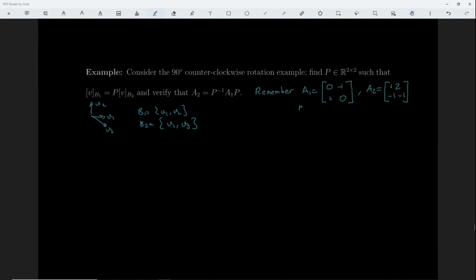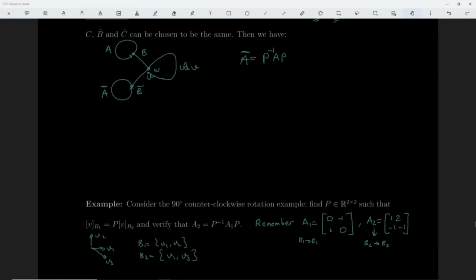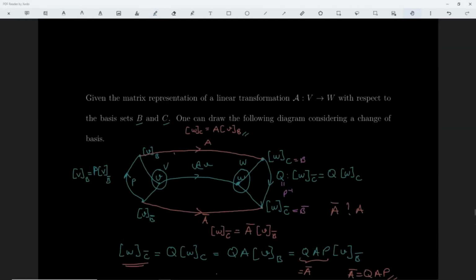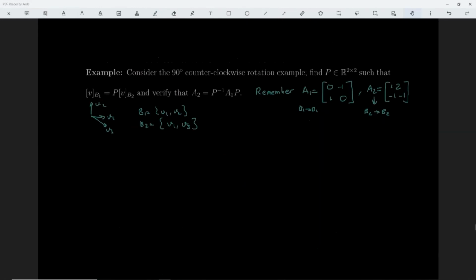And A1 was for B1 to B1, and A2 was from B2 to B2. All right. So we can find A2 from A1 as well, right? According to our discussions over here. So if we are changing basis sets in the domain and so on, we can find A2 from A1 as follows.